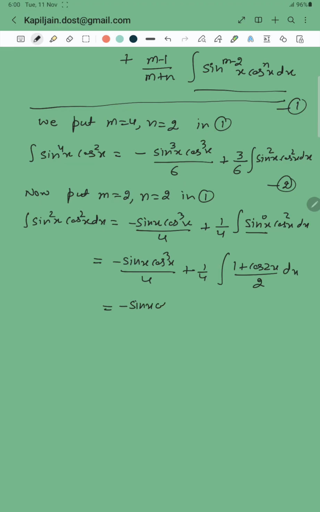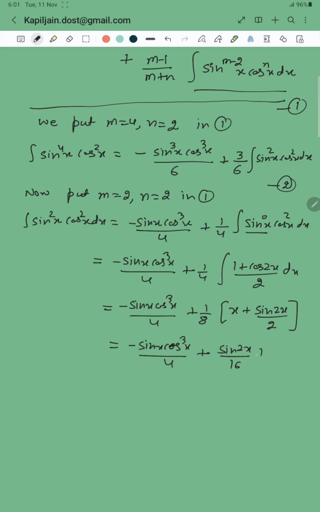Minus sine x cos cube x by 4 plus 1 by 8, and integration of 1 is x and integration of cos 2x is sine 2x by 2. So minus sine x cos cube x by 4 plus sine 2x by 16 plus x by 8.